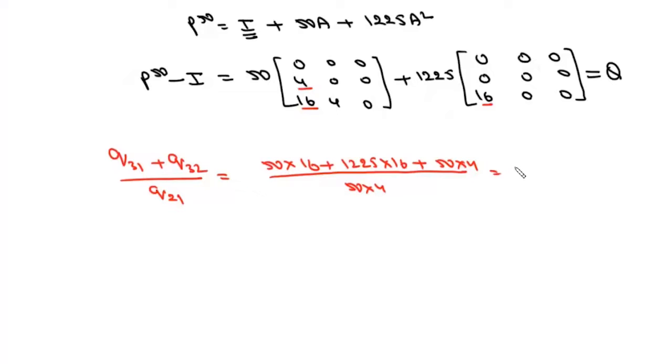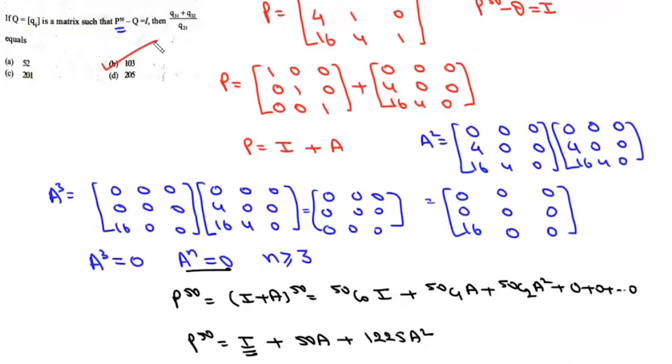So it will be 20600 upon 200, which is 103. So the value of this expression is 103, and that's your option B.